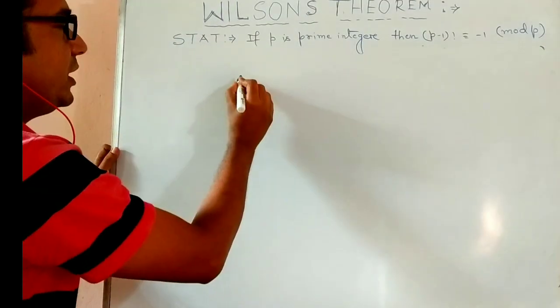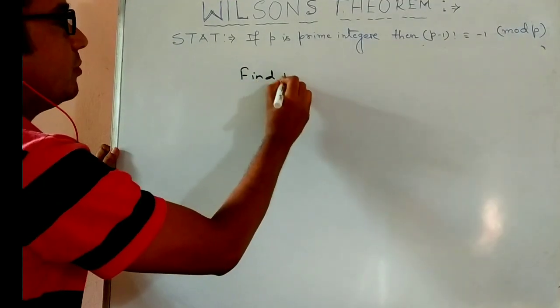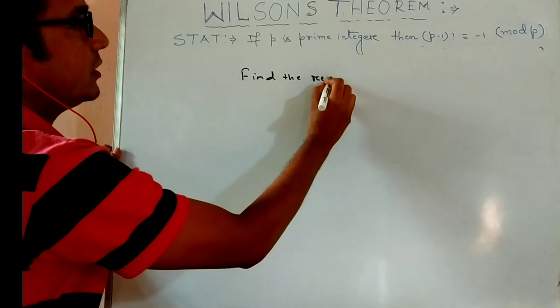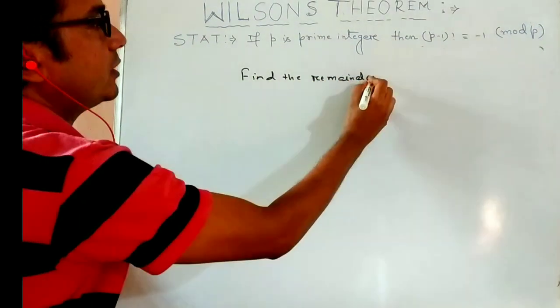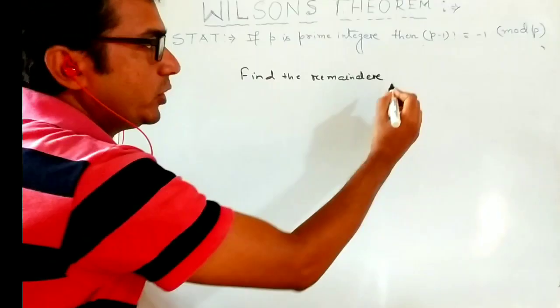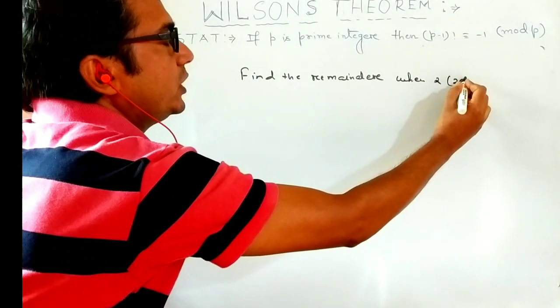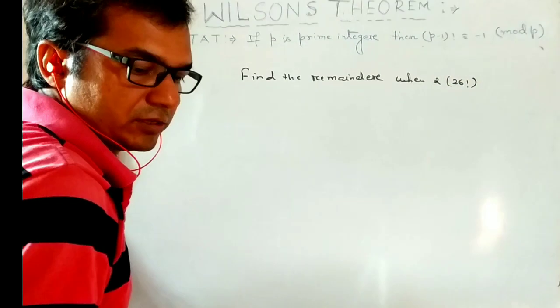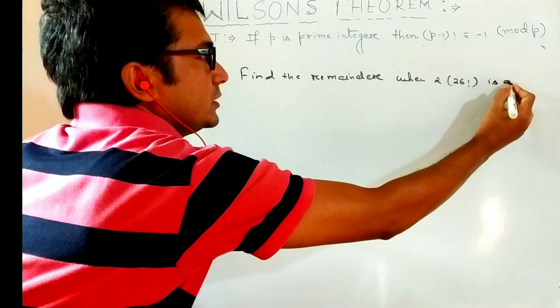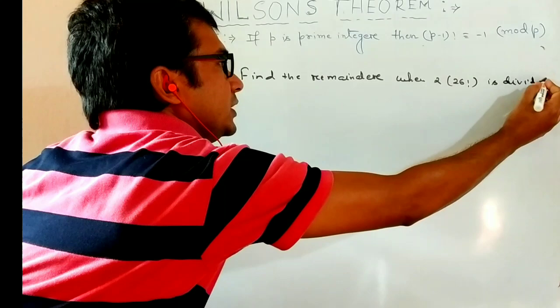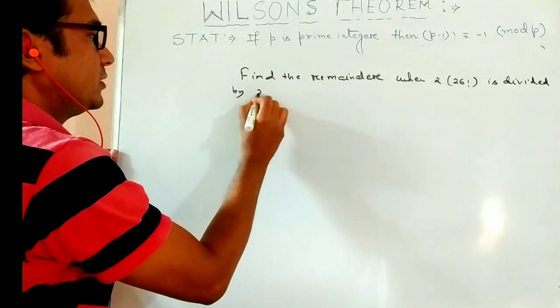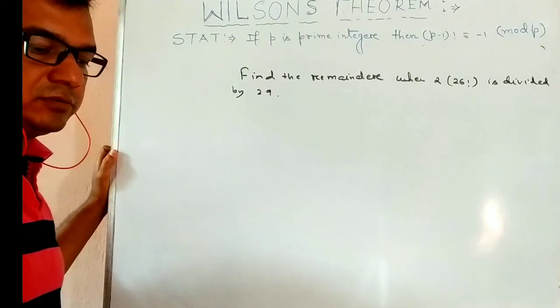We consider this problem: find the remainder when 2 into 26 factorial is divided by 29.